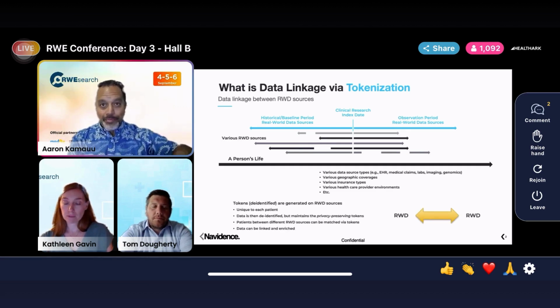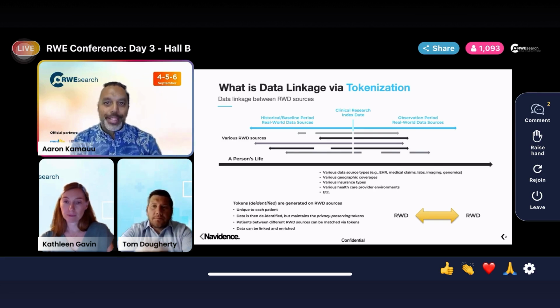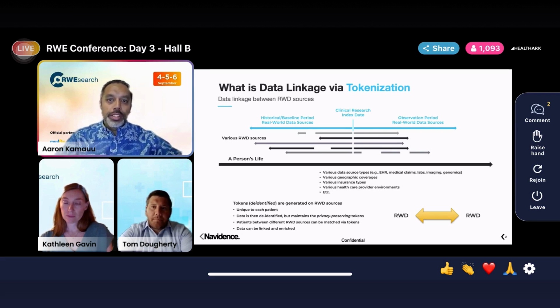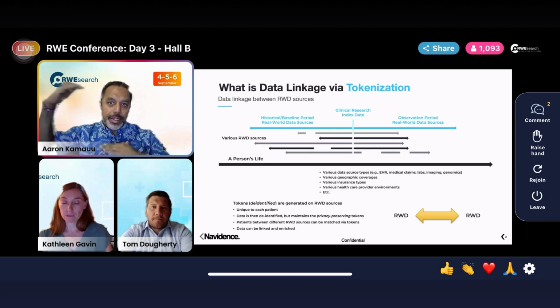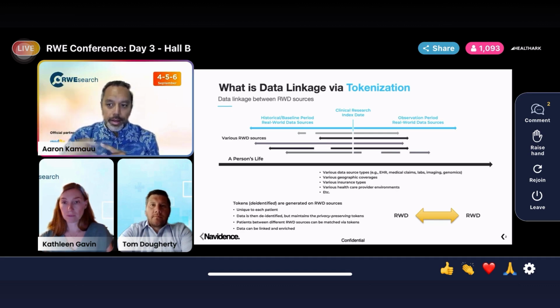And again, Kathleen will explain how they actually generate tokens and actually do this linkage, what that actually means. But the idea being here is that we can generate tokens at the origin of the data, de-identify the data, but maintain the tokens, so that then when we get different data sources with these tokens, we can link the data by token, link real world data together, for example, with some level of confidence that it is the same patient that exists in both of those data sources.